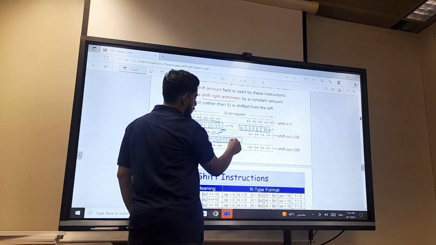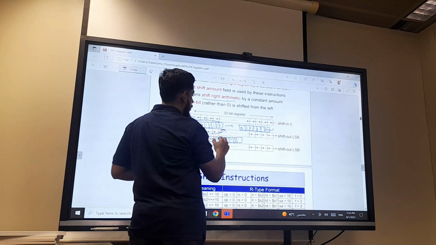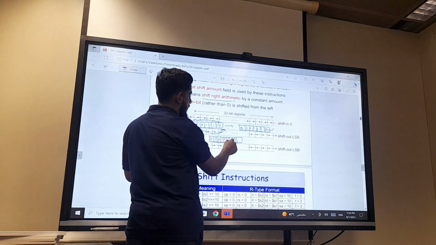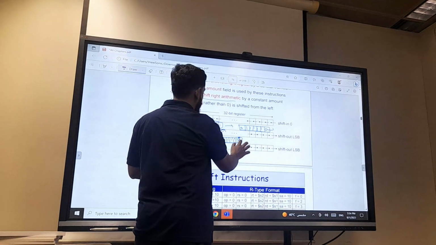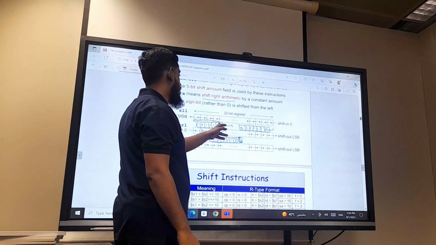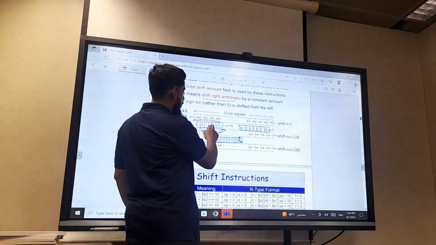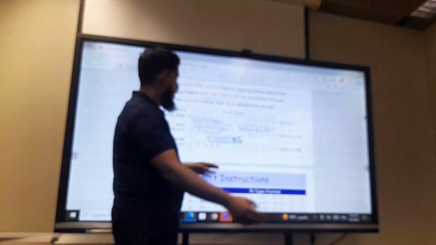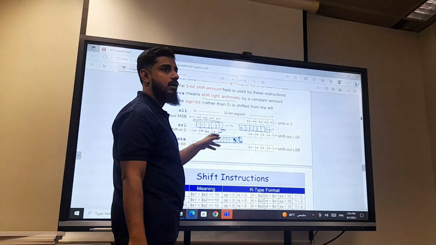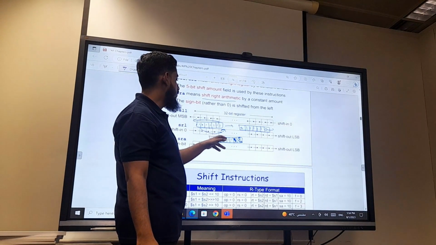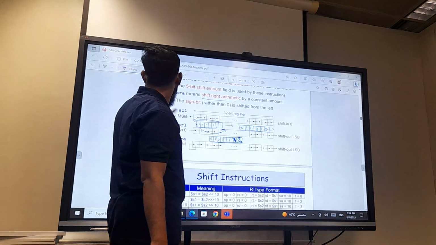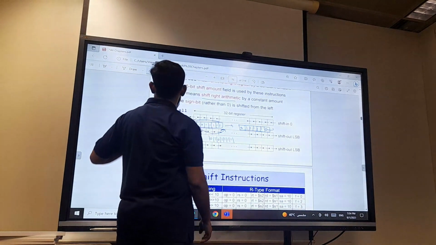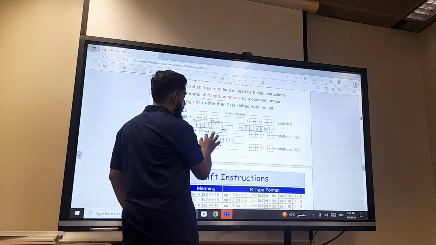You know how many bits it is, 1 2 3 4 5 6 7 already, so this last bit is discarded. Here we accumulate the 0, so again 1 2 3 4 5 6 7.